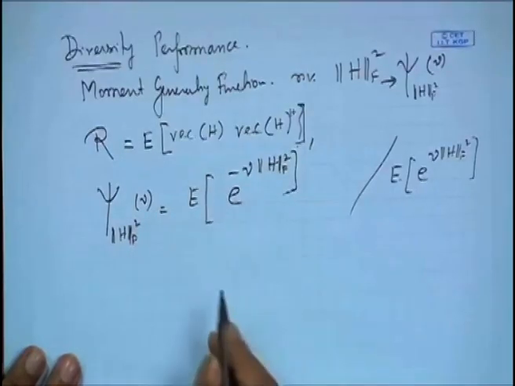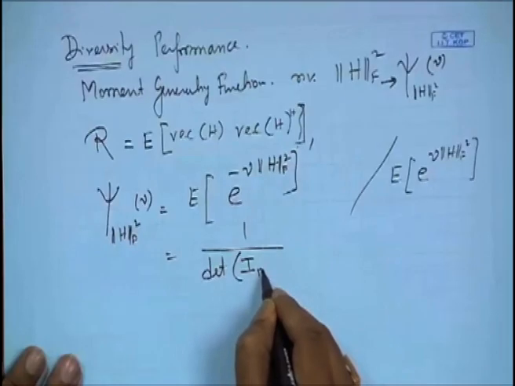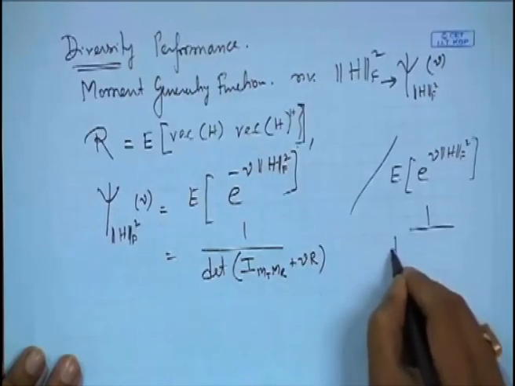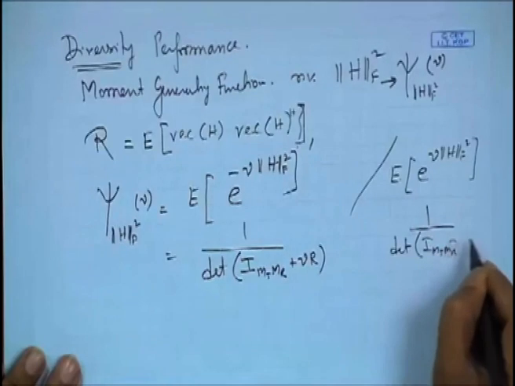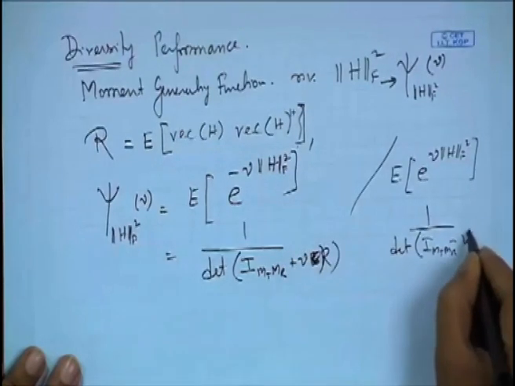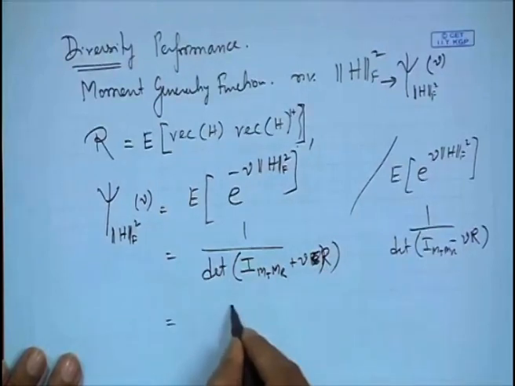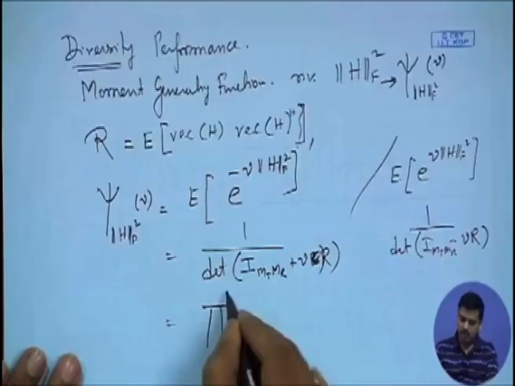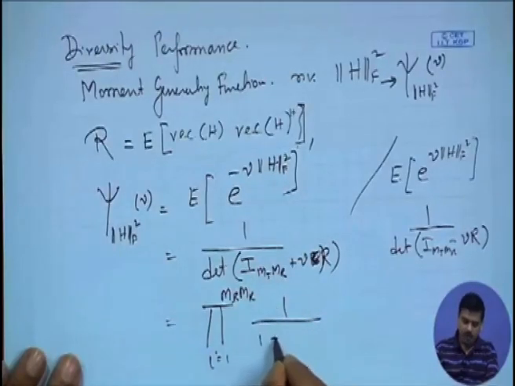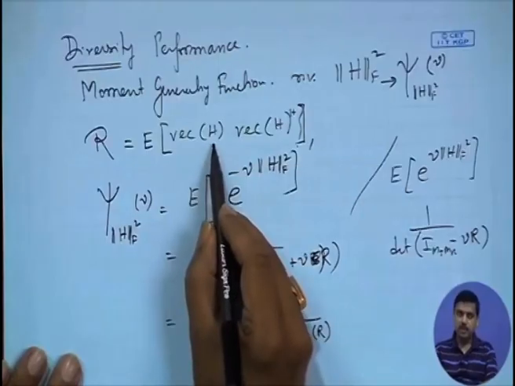If this is evaluated for the Rayleigh fading, it turns out as 1 by the determinant of I plus nu times R, where I is the identity matrix of size mt mr. If it is a plus over here, you're going to get 1 by the determinant of I mt mr, naturally, minus nu times R. Now if you look at this determinant, we could write it as the product over i equals 1 to mt mr of 1 by 1 plus nu times lambda i of R. The size of R is mr mt because this is vec.